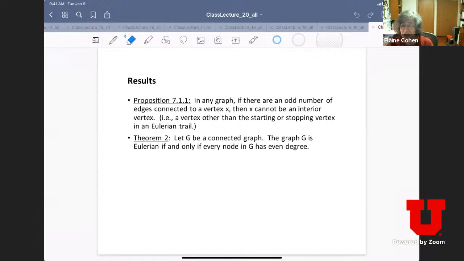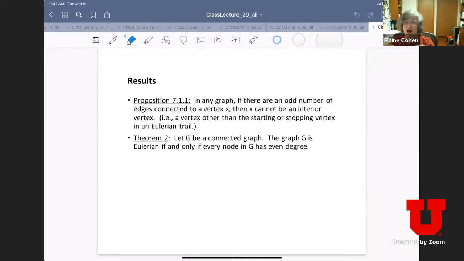Okay, if it has an odd number. What it's saying is, if you think about it, here's a vertex in the middle of a trail. That means there's something coming in and something going out. Now, if I go through that vertex more than once, because let's say the degree of the vertex is 4, I might come in here, go out here, and then I might come in from a different direction and go out again using different edges.